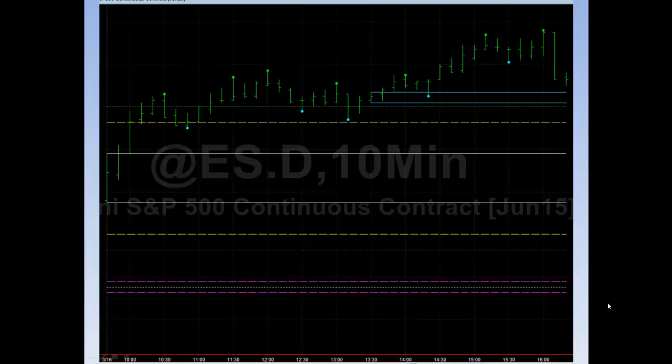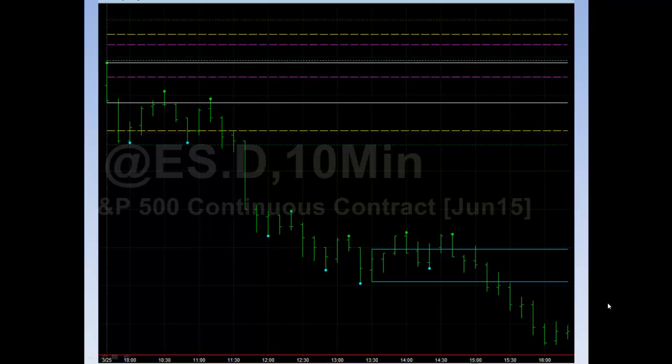All right, now let's look at a situation where you have an A down. Here you can see that the white lines again are your opening range. The yellow lines are your A points, your A up and your A down. And we can see here that price pushed down to the A down. But if you'd have faded this one, you can see that it pushed back to the opening range low.